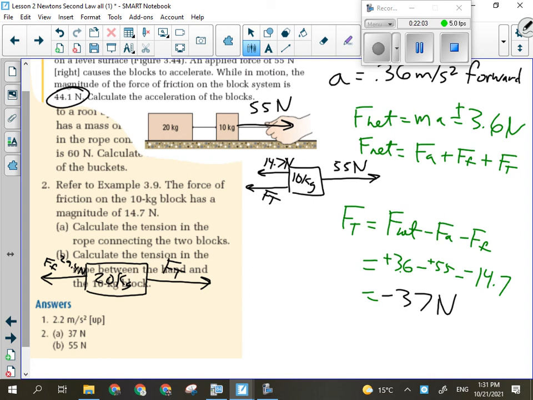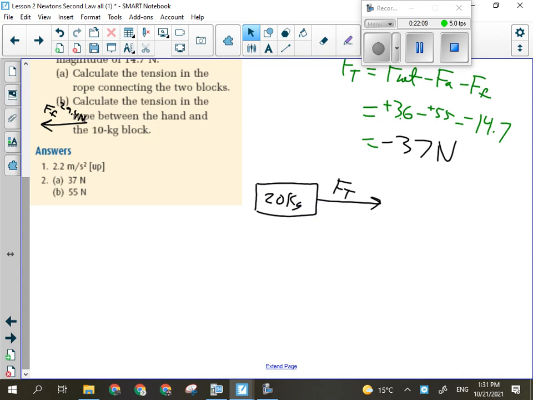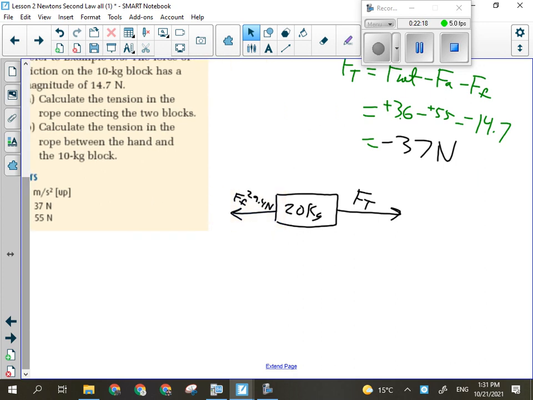I can also solve it using the 20 kilogram block. So I've got my force of friction that I calculated here to be 29.4, and then I've just got the tensional force going forwards.